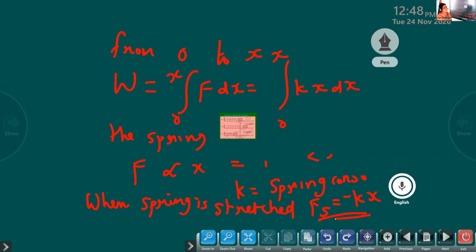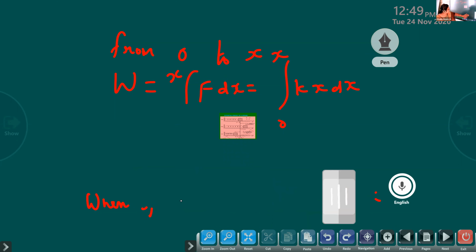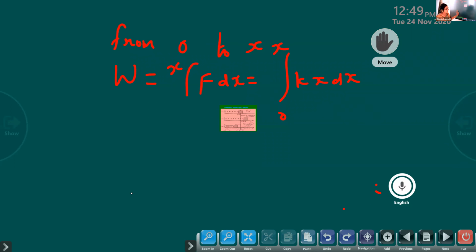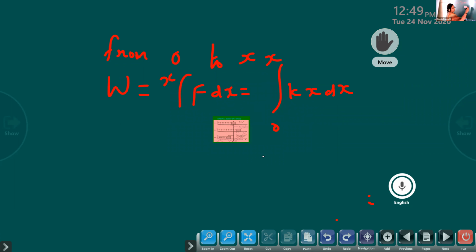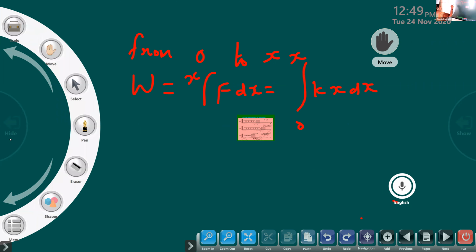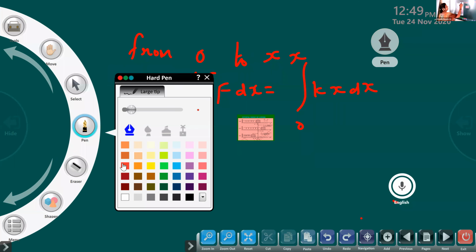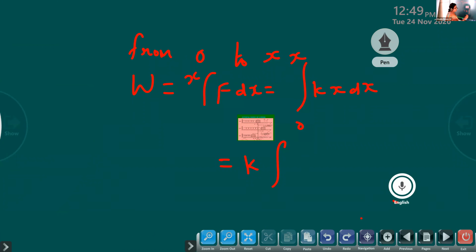So I am just writing the magnitude. Whenever you are finding magnitude, we may not consider the sign, because we have learned that in vector algebra. So the integral from 0 to x of kx dx. Integrating, k is a constant, take it out: k times the integral from 0 to x of x dx.